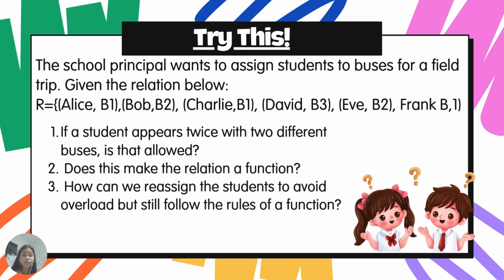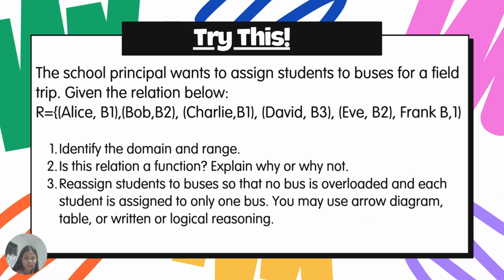You can repeat your output but you can't repeat your input. Now, you can use arrows, tables, or reasoning, whichever helps you think clearly. So you can pause here to complete this part of your worksheet. So this is higher order thinking. So take your time.